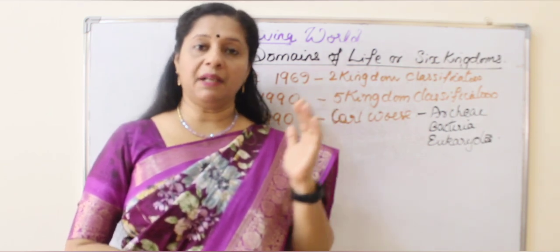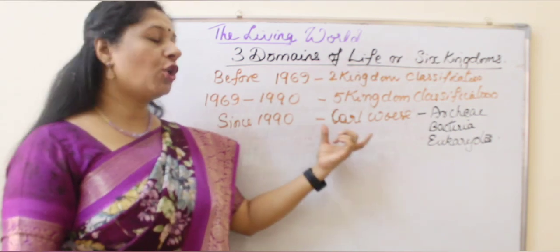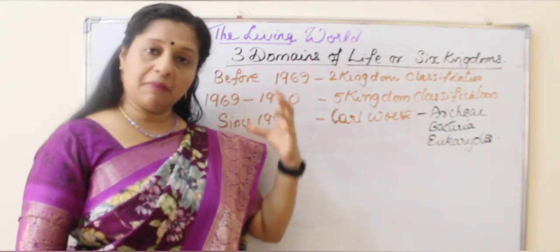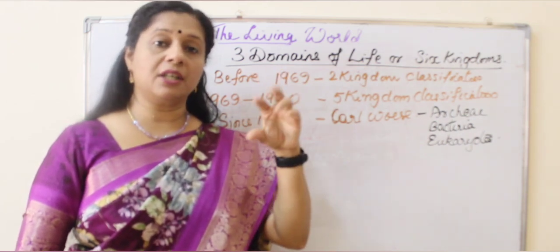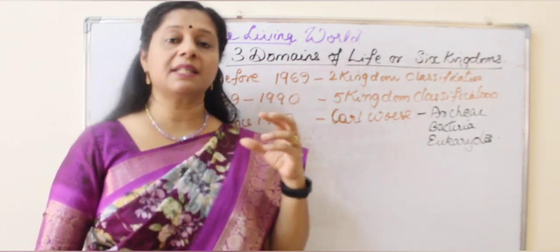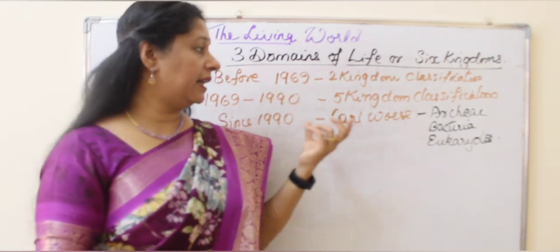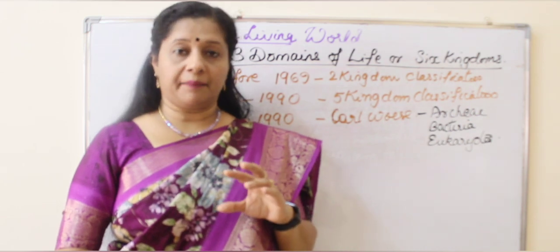So we had been following it till 1990. But in 1990, Woese remodified it. That means the five-kingdom classification only, but in that Monera, as I told, consisted of the prokaryotes, mainly bacteria. But he classified those bacteria into two categories: archaebacteria and eubacteria.